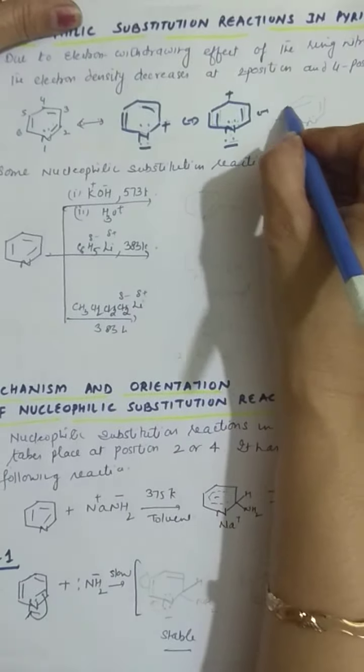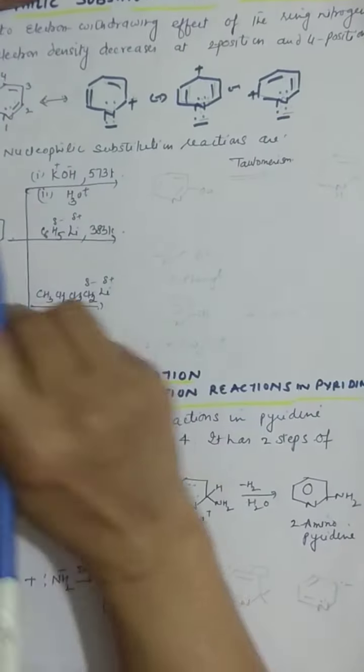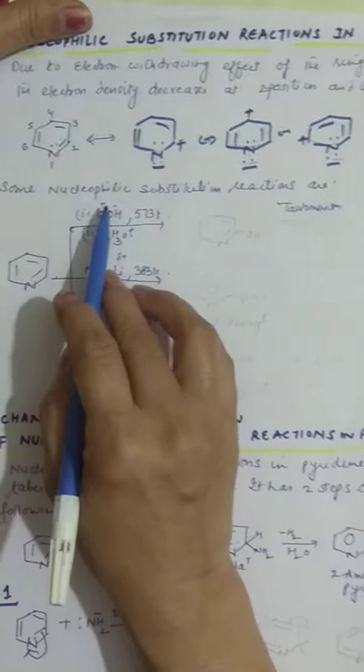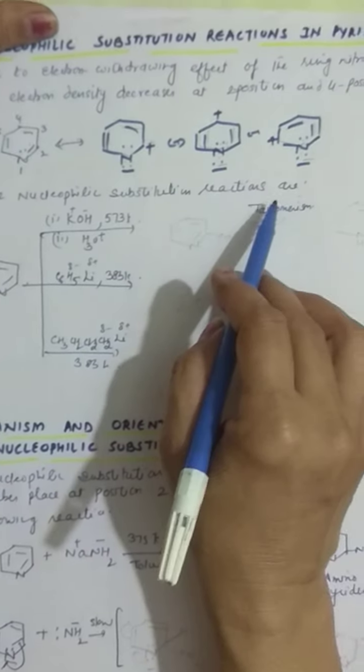So electron density is decreased at position number 2 and 4. So let's take some examples of nucleophilic substitution reactions.